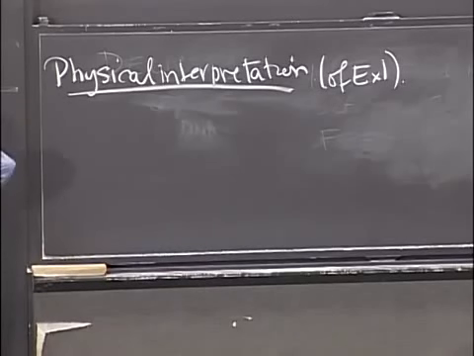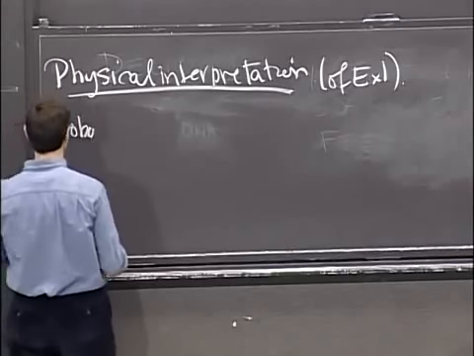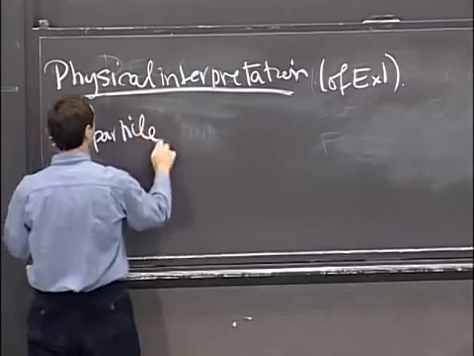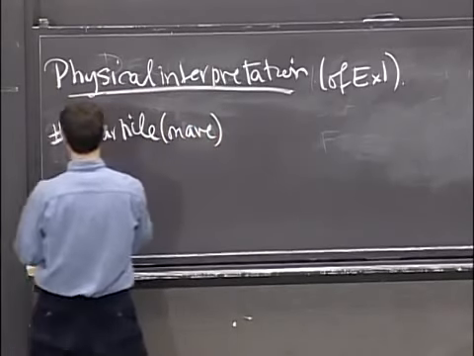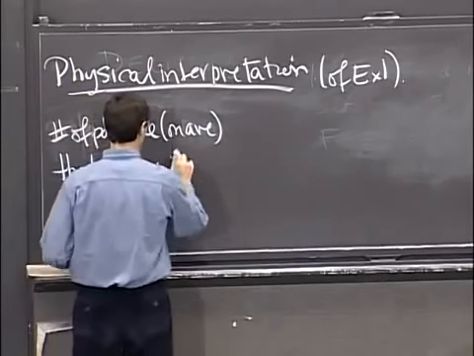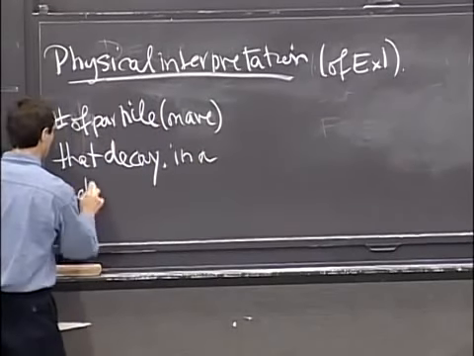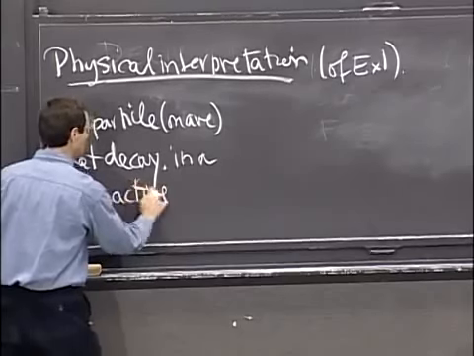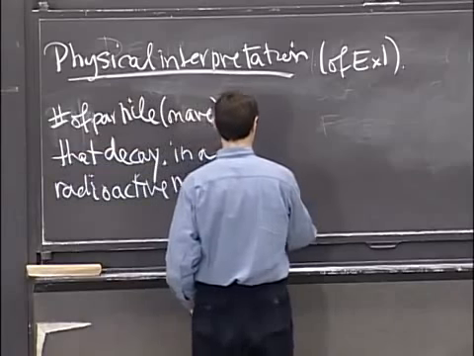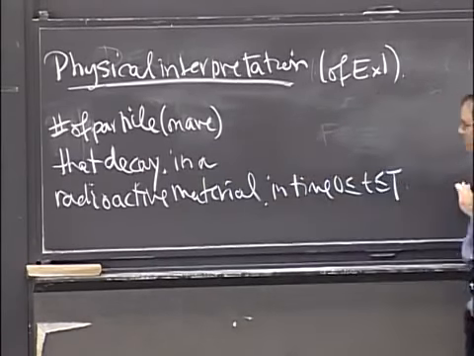And this is something that was on your problem set, remember, that we talked about the probability, or the number, if you like, the number of particles on average that decay in some radioactive substance, say in time between 0 and some capital T. All right?